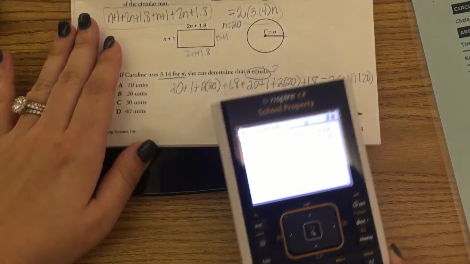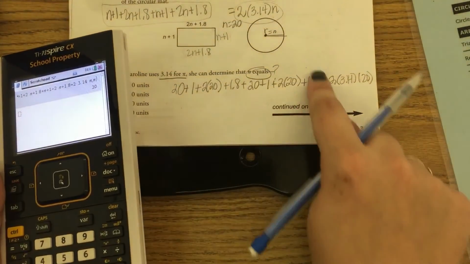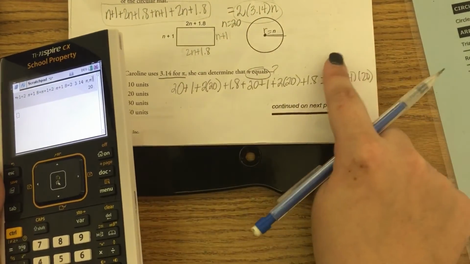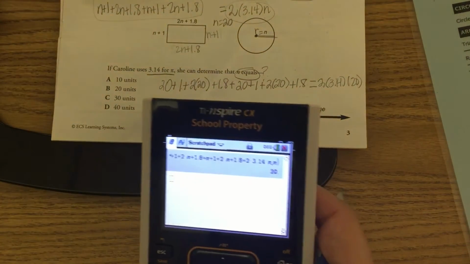Alright, so this I would not need to use nsolve for. Actually, I'm going to calculate just this half here, and then calculate this one, do two separate things in my calculator.